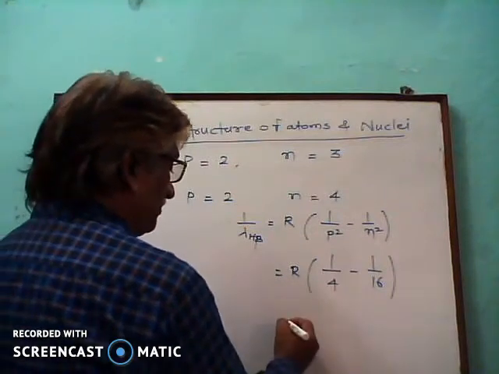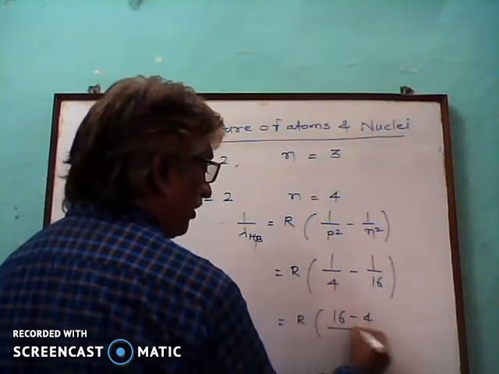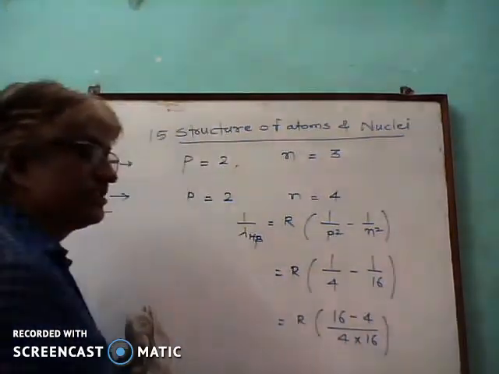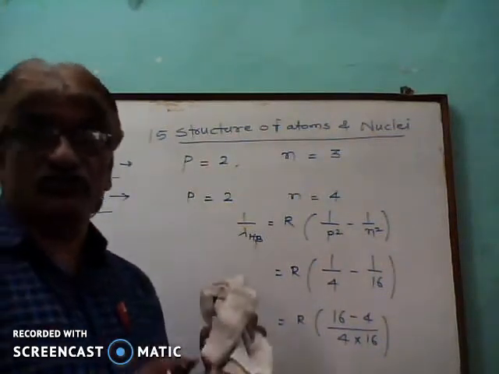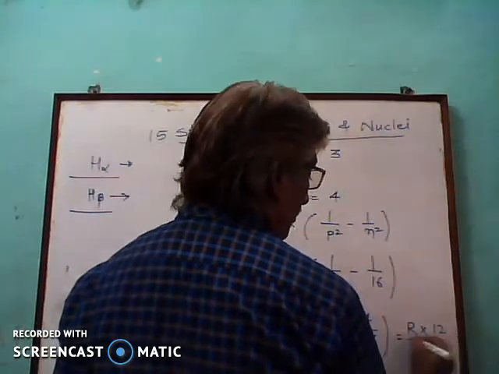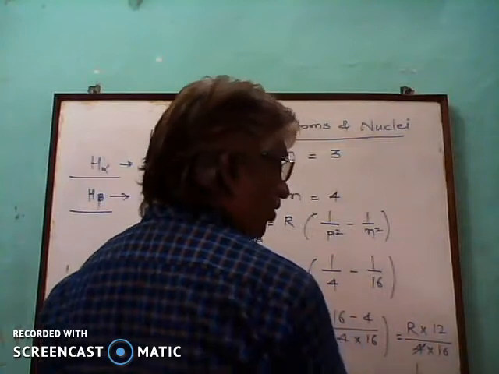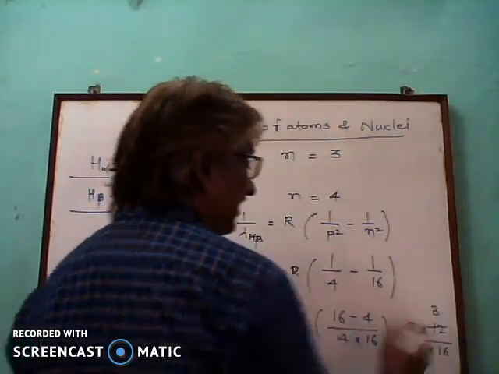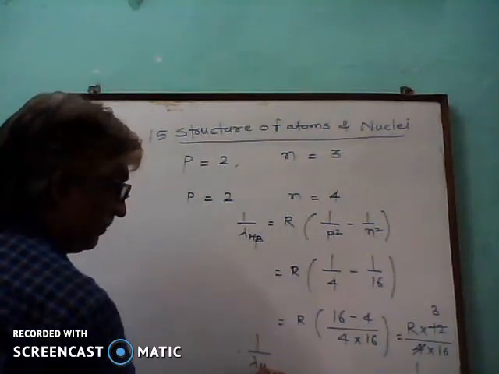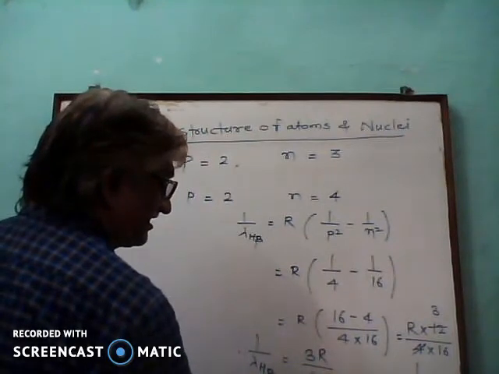If we take cross multiplication, R in bracket 16 minus 4 into 16, that will be 64, but we can write 4 into 16. So here R into 12 upon 4 into 16. What happened? 4 1s are 4 and 4 3s are 12. So 1 upon lambda H beta is equal to 3R upon 16.